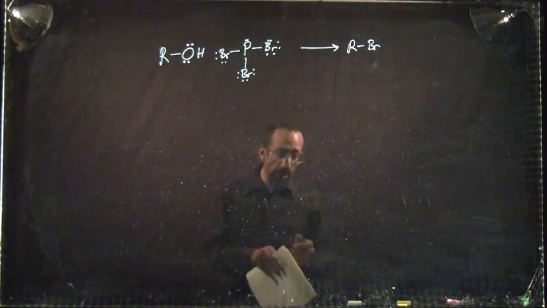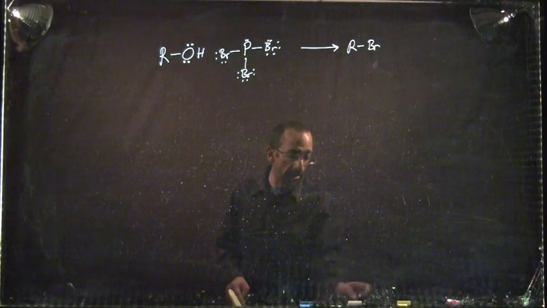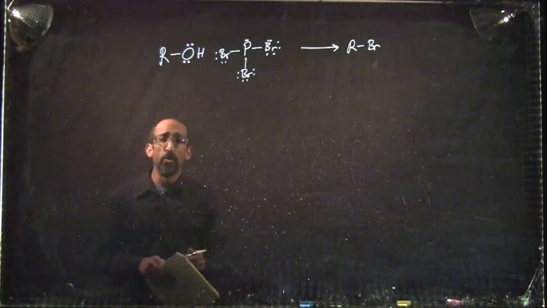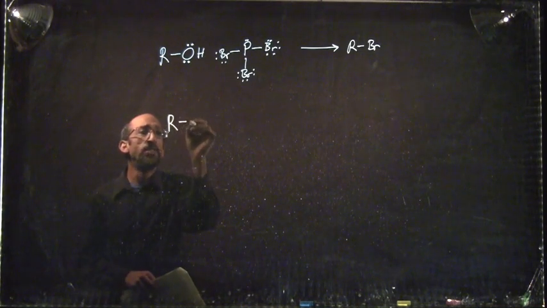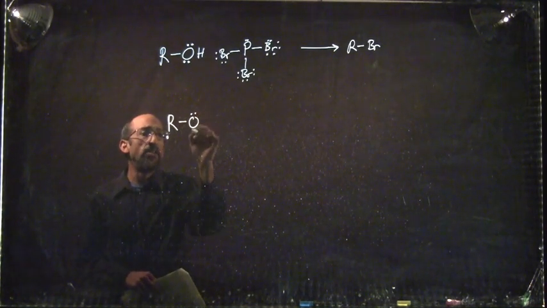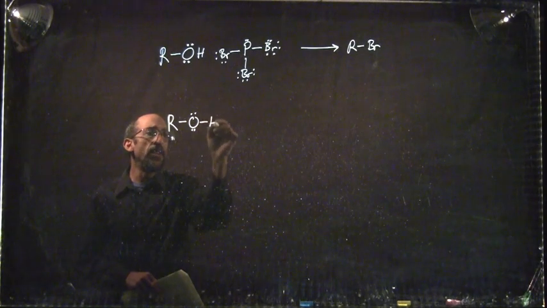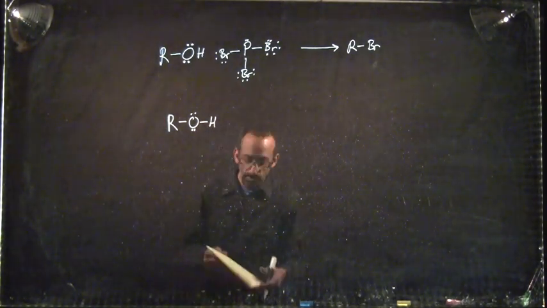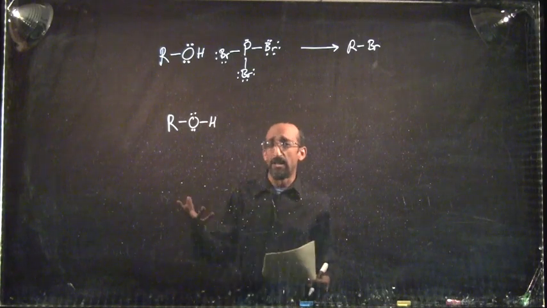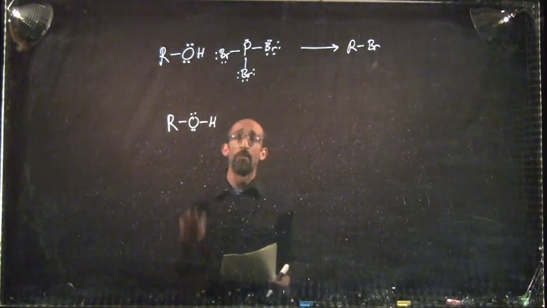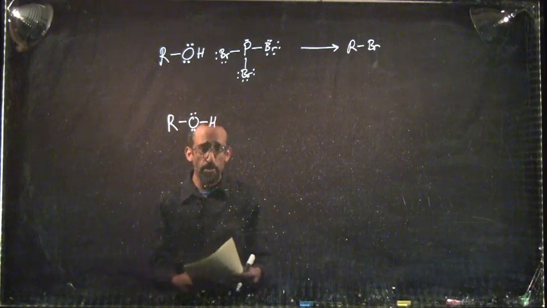Now, we could take an alcohol and treat it with hydrochloric acid under the right conditions to produce an alkyl chloride. However, as I mentioned, there may be some circumstances where we don't want to do that, because the strong acid HCl may be detrimental to some other part of our molecule.